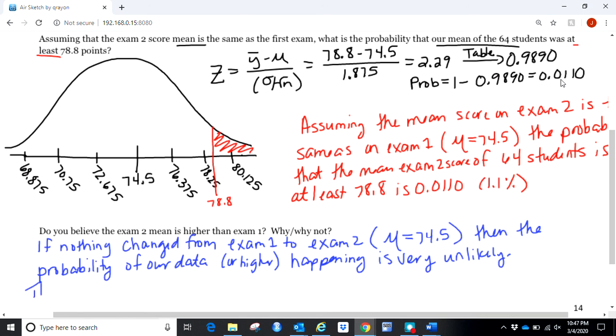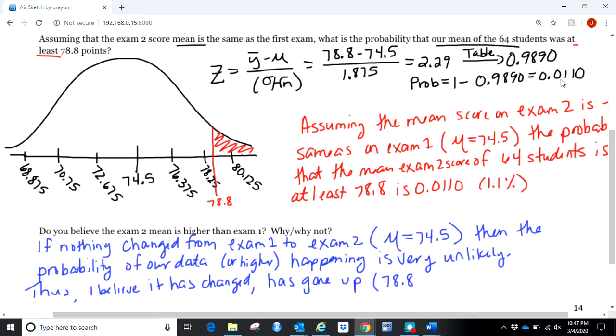So thus, I believe it has changed, and more specifically, has gone up. Now, why do I think it's gone up?